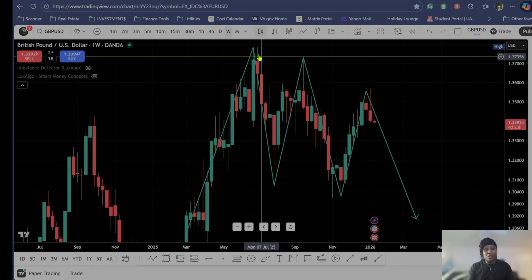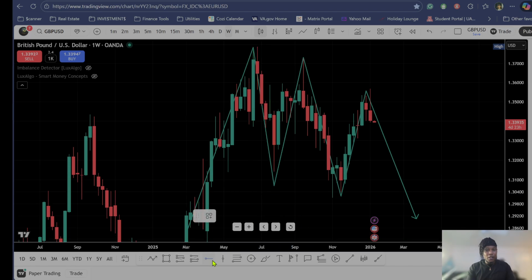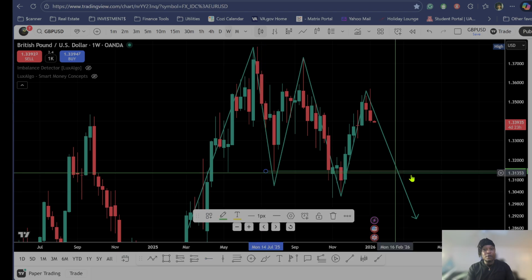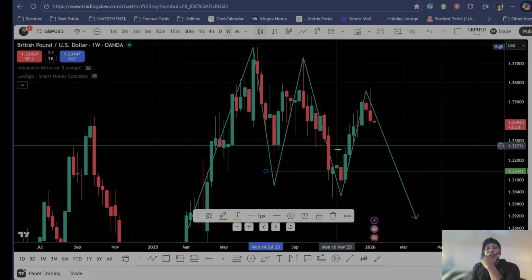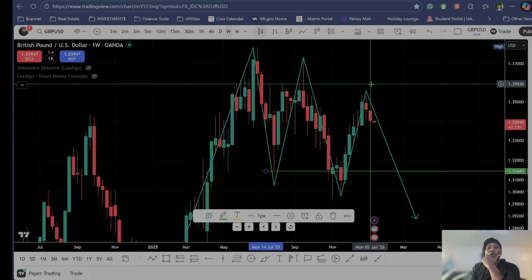Instead, what the market is doing is trending. It created a lower low right here. So if this pullback from the last high that it made stops right here, what happened was the market broke below that. And once the market broke below that, it started to retrace.